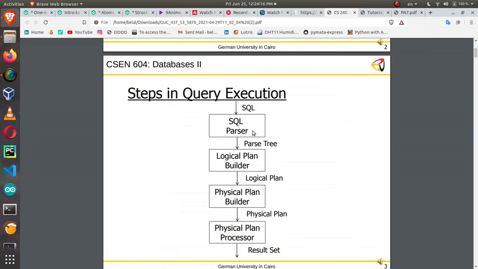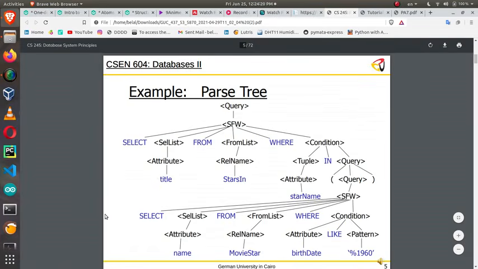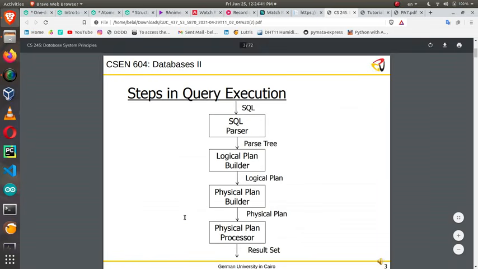The first step is to parse the SQL query and convert it to a parse tree, which contains all of the necessary details to plan for how to efficiently execute this query, such as the table we are selecting from, the attributes we are using, and the conditions. Okay, so the first step is to parse the query.